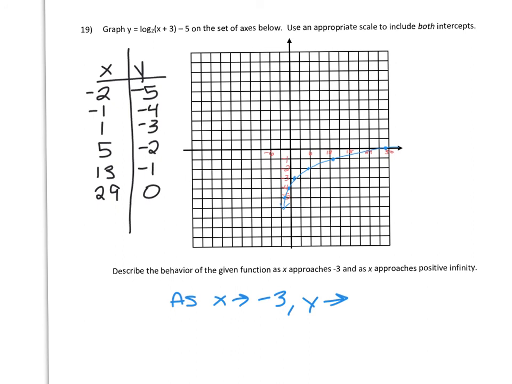They're going to continue down to -infinity. So there we go. And then as x approaches +infinity, as the x values are getting bigger, aren't those y values also getting bigger? So as x approaches +infinity, y approaches +infinity as well.